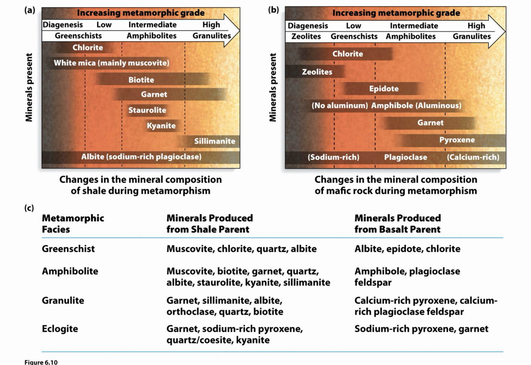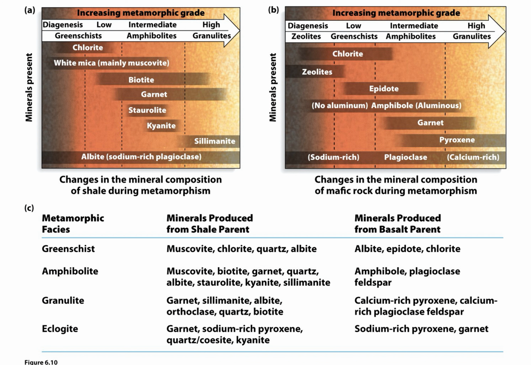Under granulite facies conditions, in your parental shale rock you have garnet, sillimanite, albite, orthoclase, quartz, biotite, whereas in the parental basalt you have calcium-rich pyroxene, calcium-rich plagioclase, feldspar, and so on. Yes, and there you have also the pyroxenes and the garnets. I don't know why they have not written this here.